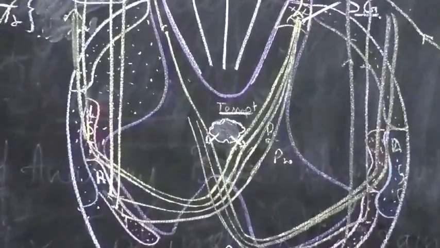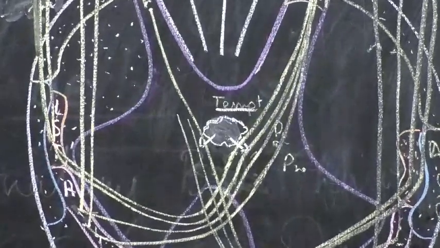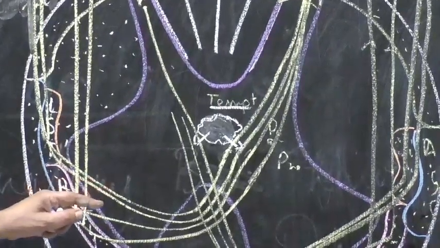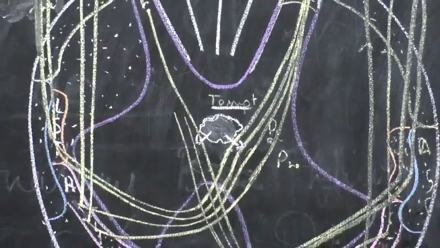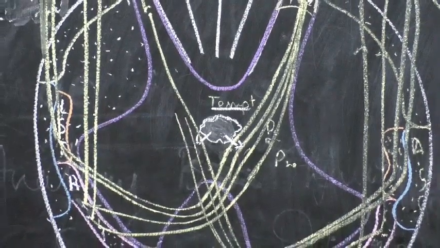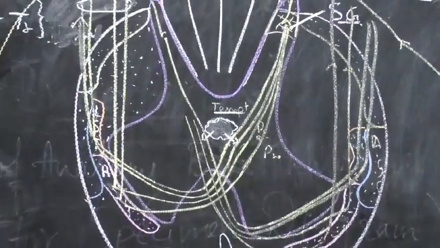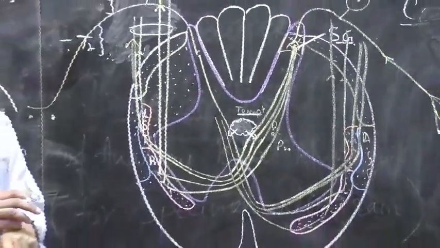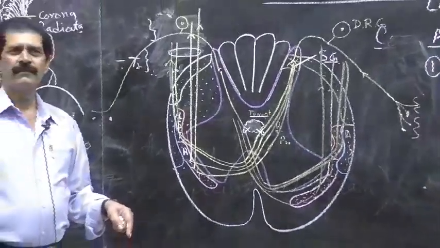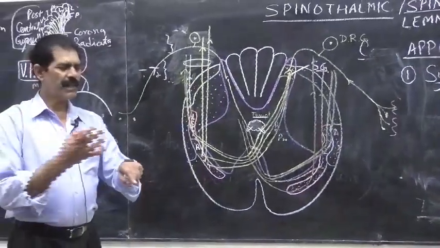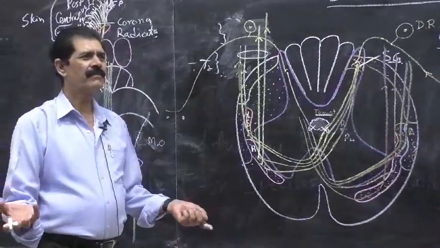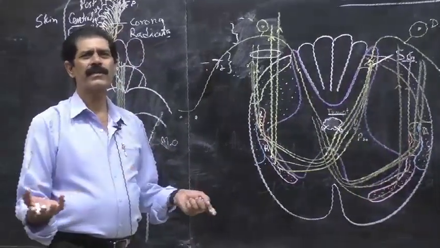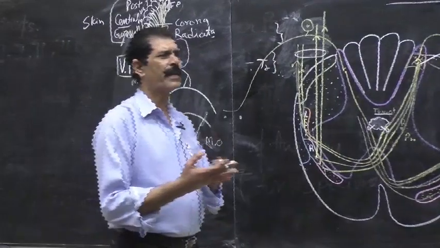And due to the pressure, the patient comes with the complaint of loss of temperature. He or she will say that whenever the skin is touched by an ice cube, he doesn't feel it, or if the skin is touched by the flame of a candle, doesn't feel it. No cold and hot sensation is felt, which means there is a temperature loss.